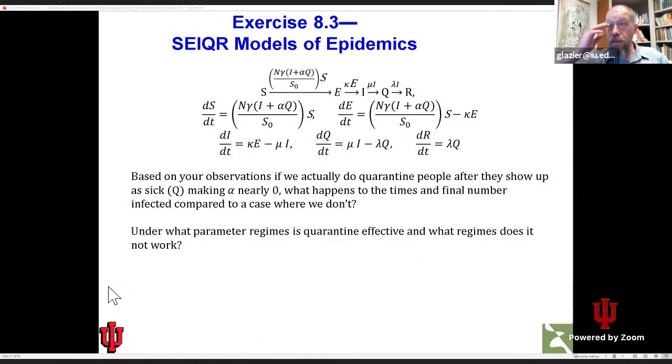Okay, so again, the question here was if we quarantine people and the quarantine is very good, what happens to the times and final number infected? That's something that we should have people work on.